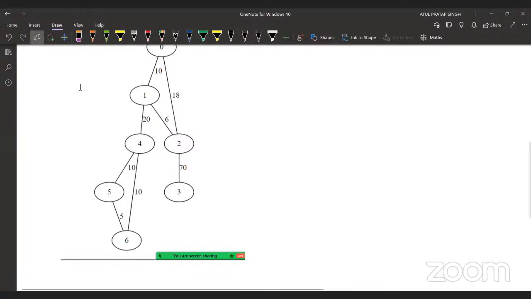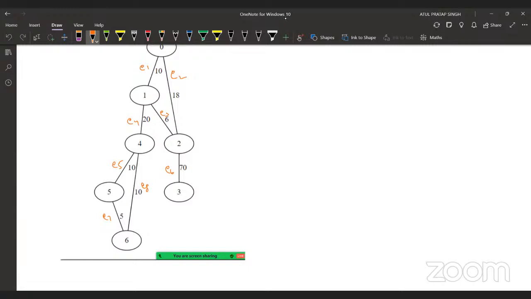For example, if you mark a name for each edge in the graph, this is E1, E2, E3, E4, E5, E6, E7, E8.